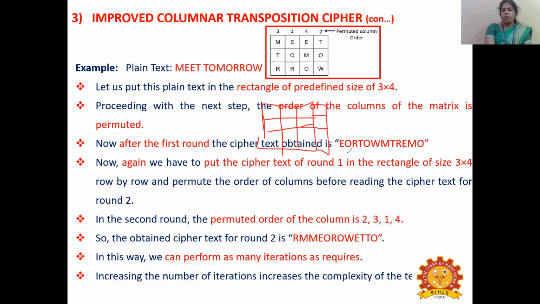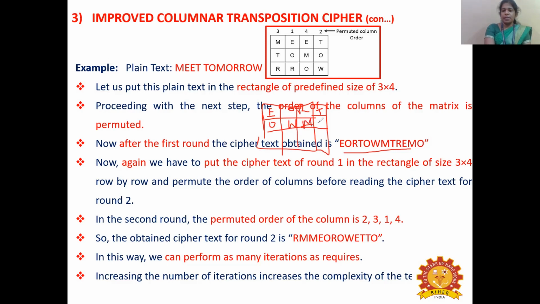As I already told, you have to write your first round ciphertext as a plain text for your next round. So EO or, TOW, you have to write it row wise.